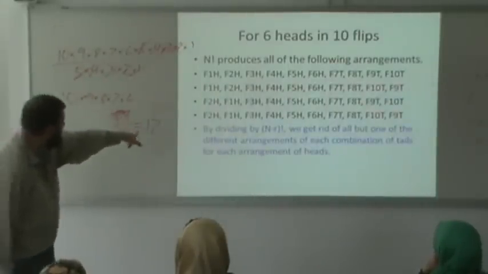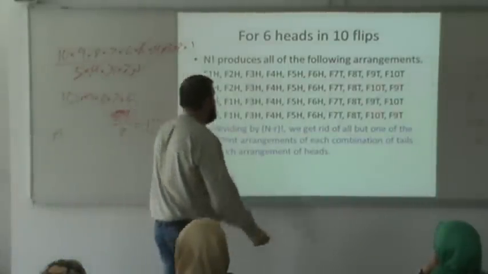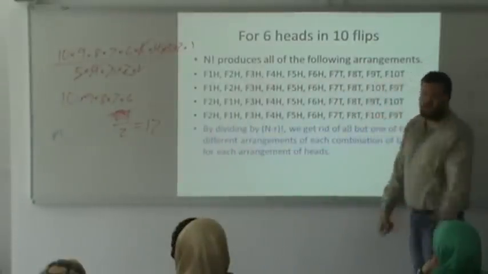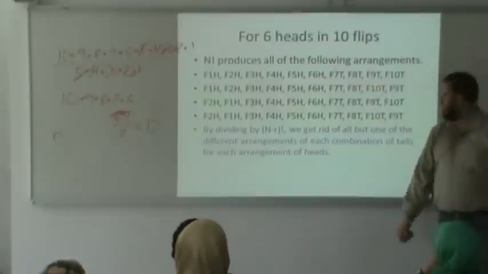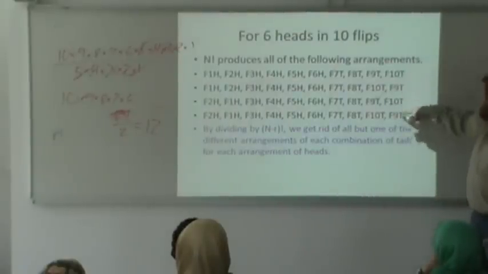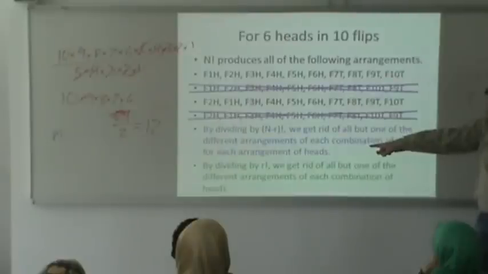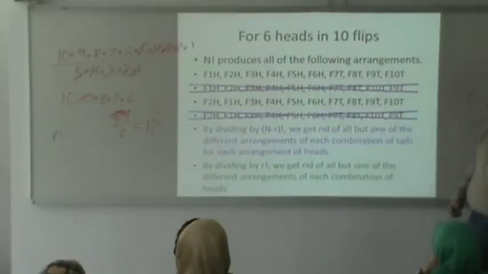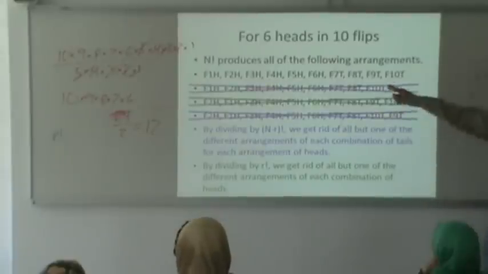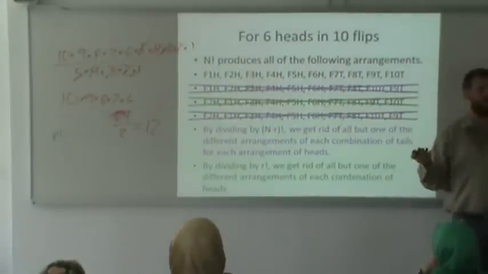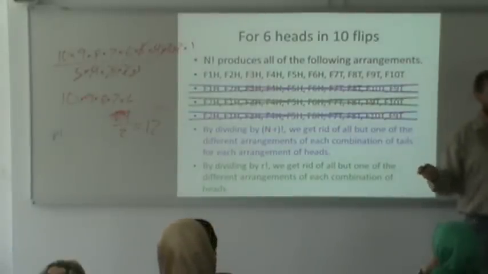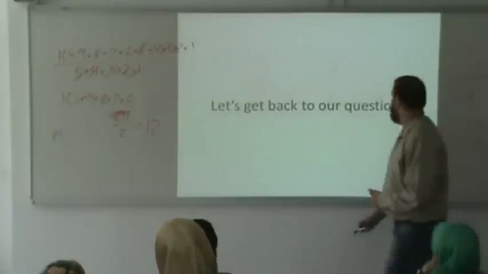If we divide by n minus r factorial, we're getting rid of all these n minus r things that we really don't care about. Okay? So that'd be like getting rid of these. By dividing by r factorial, then we're getting rid of all but the different arrangements for the things that we actually care about. So we're left with 1 unique combination. Right? We're just getting rid of everything that's not unique.